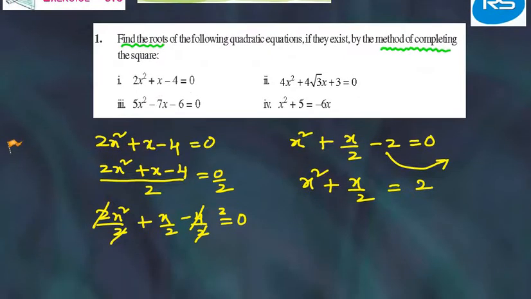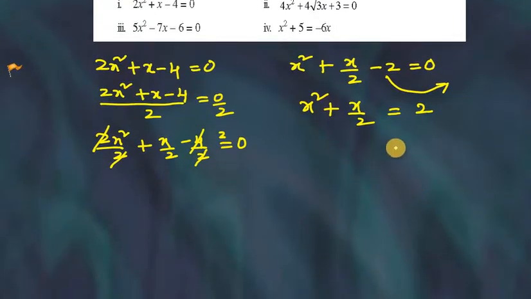Now this is a very important step, so you have to observe neatly. Take the x coefficient here. What is the x coefficient? The x coefficient is 1 by 2. Take half of the x coefficient and square it.